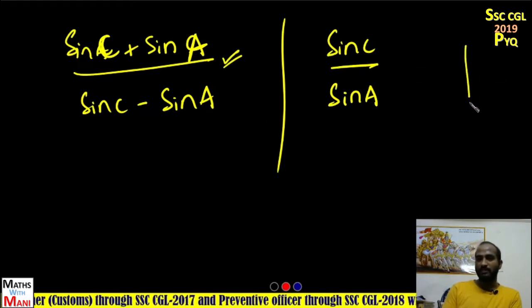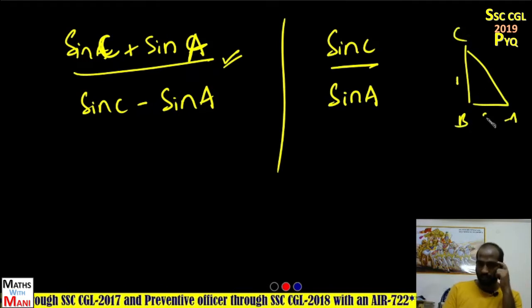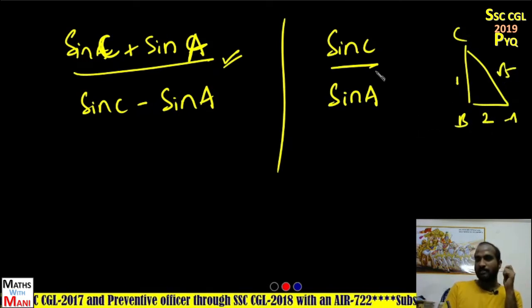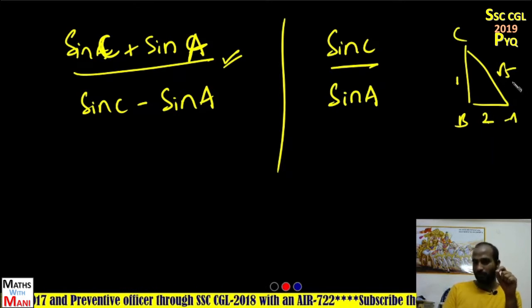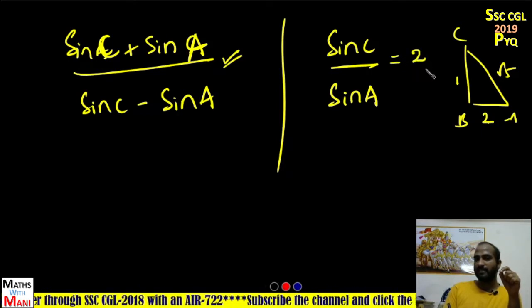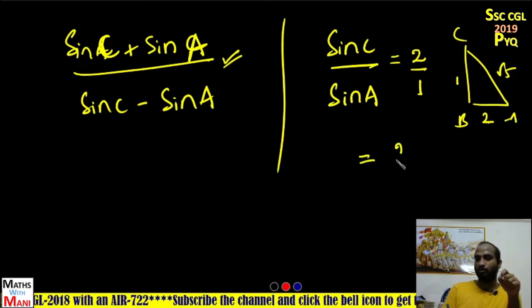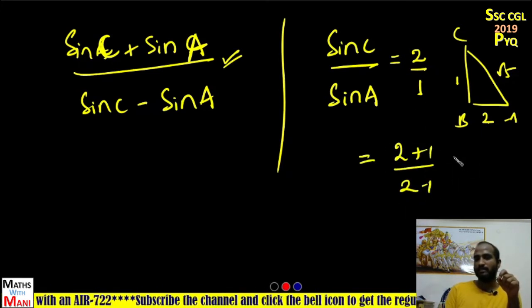What is the triangle? It is A, it is B, and it is C, and it is 1, and it is 2, it is root 5. So sin C is 2 by root 5, and sin A is 1 by root 5. So root 5 cancel. What is the value of sin C by sin A? 2 by 1. So after applying componendo dividendo, 2 plus 1 by 2 minus 1, that is 3.